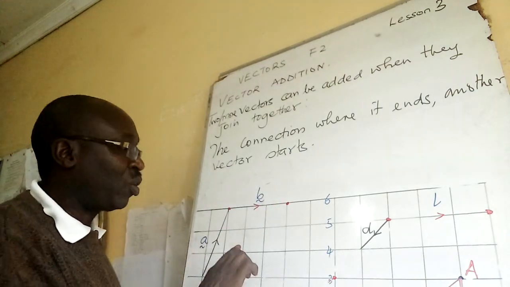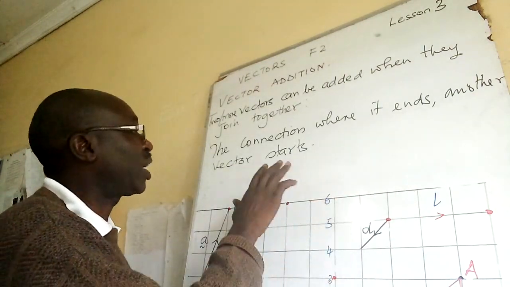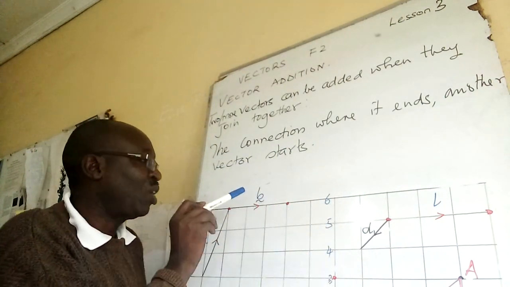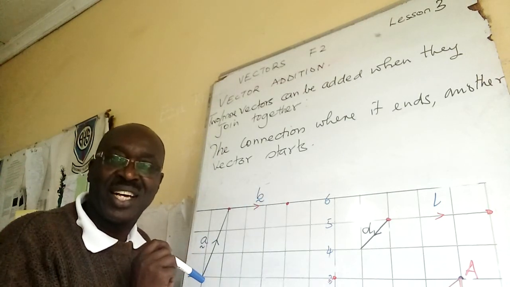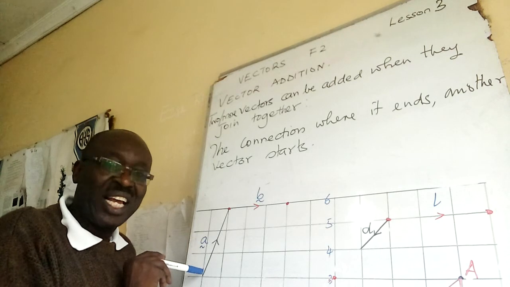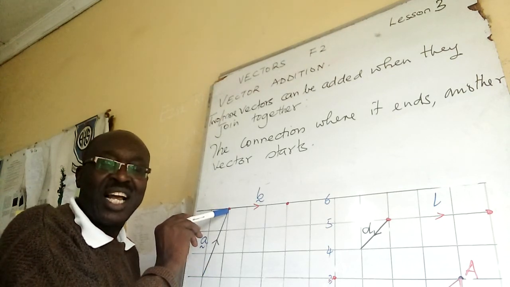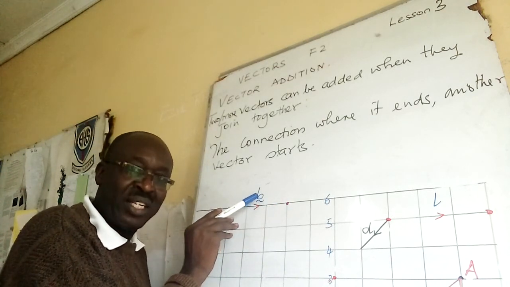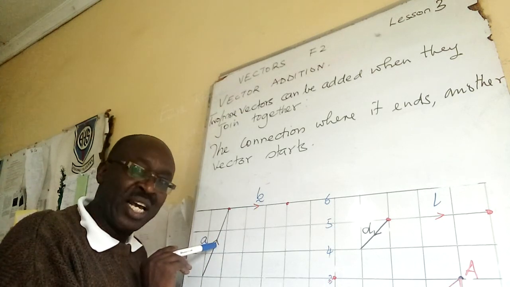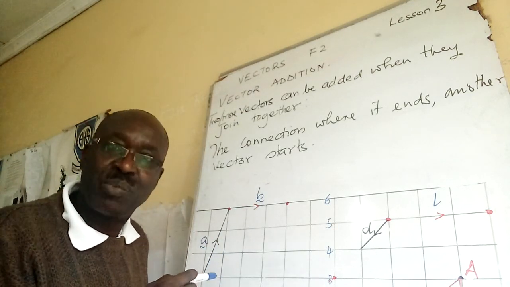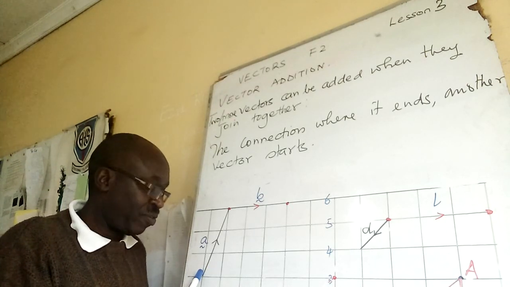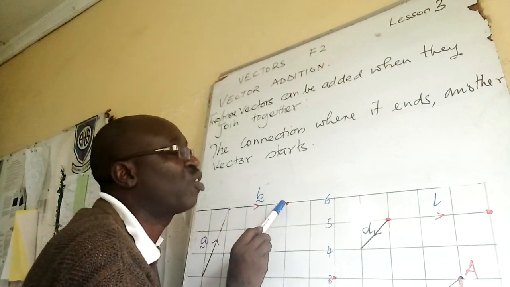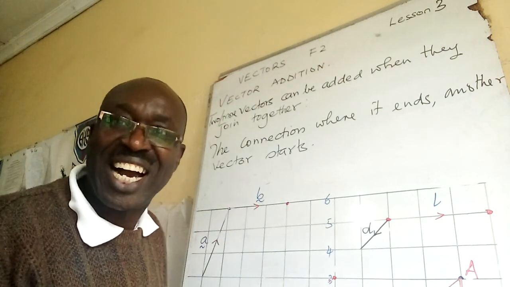So we concentrate on the top because I have some space to write. Look at vector A and look at vector B. So vector A is this and vector B is that. This is the direction of B, this is the direction of A. So in a sense, if I start from here, I can come here, and there is a connection of my movement. It's just like current again.